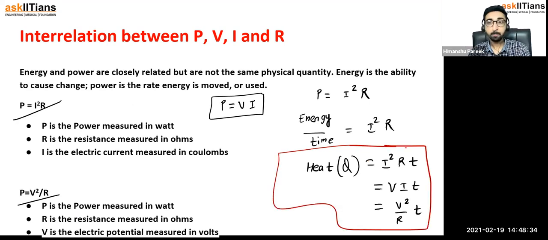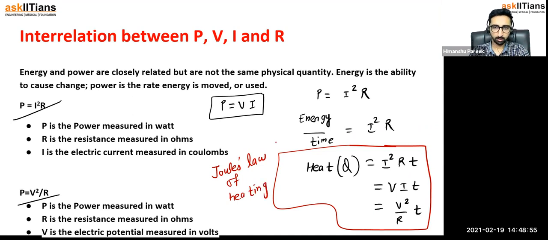Now one more thing: Q is equal to I square RT, VIT, or V square by R times T. These different forms are known as Joule's law of heating. It's an important law.